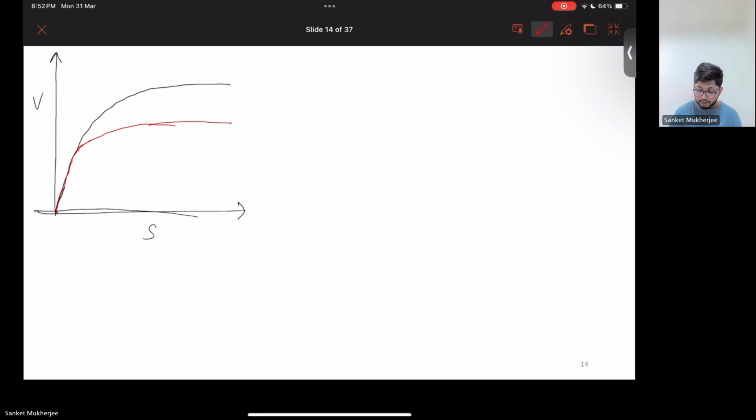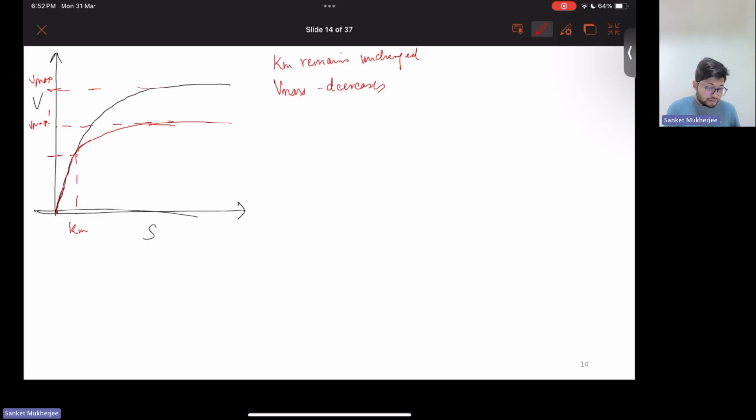Usually, this is half Vmax, and this is, let's say, Vmax. So Km doesn't change. In this case, Km remains unchanged, but Vmax decreases. Fine.